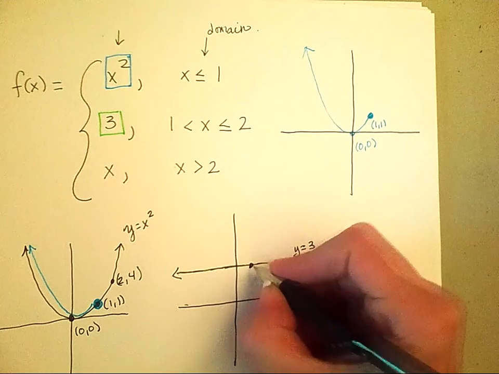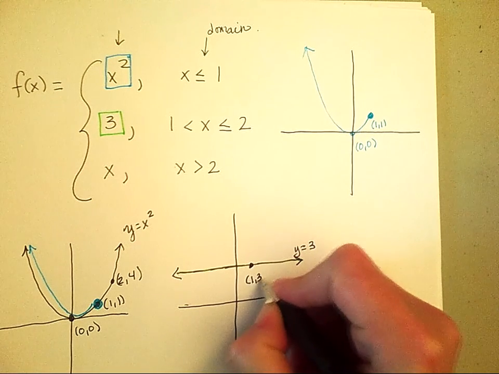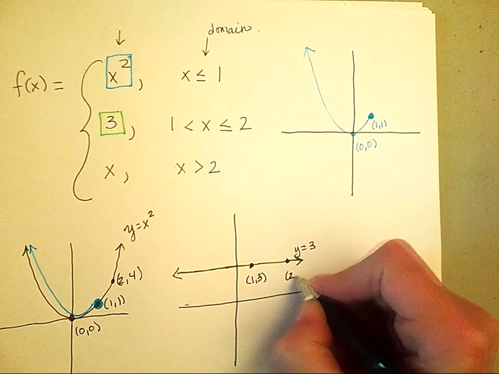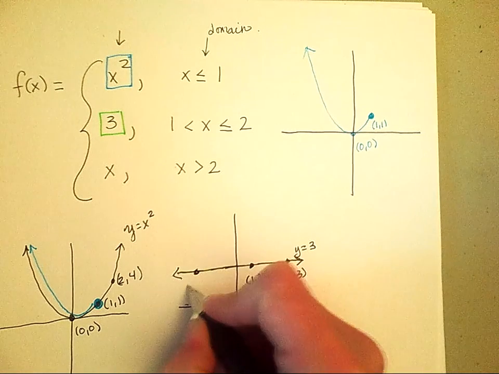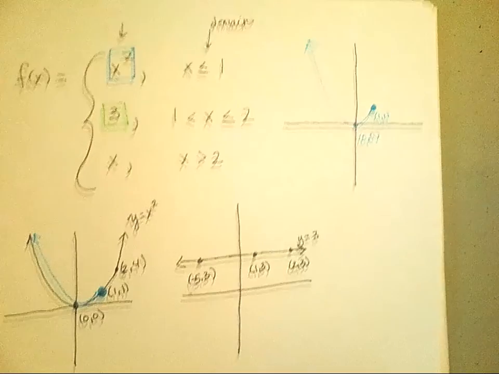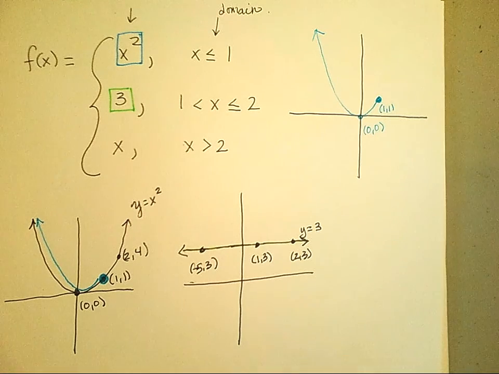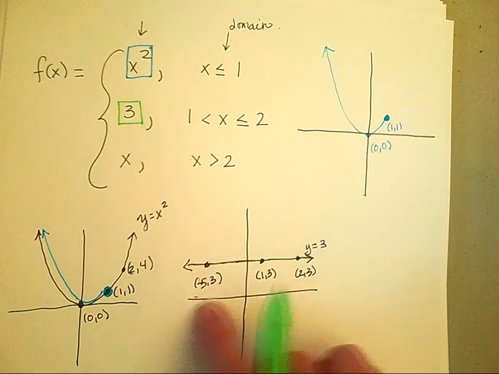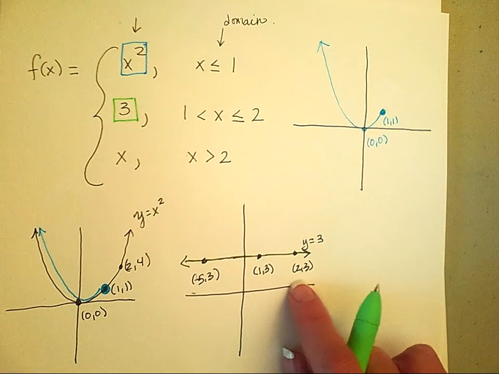So this is the point 1, 3, this is the point 2, 3, down here we have the point -5, 3, it's the constant function. And it's the constant function on its entire domain.